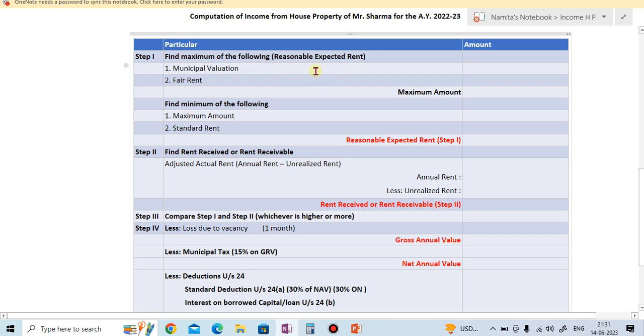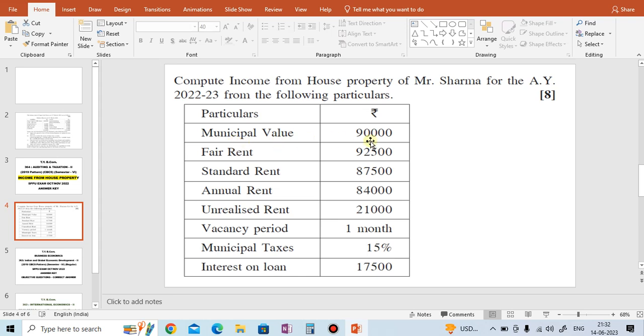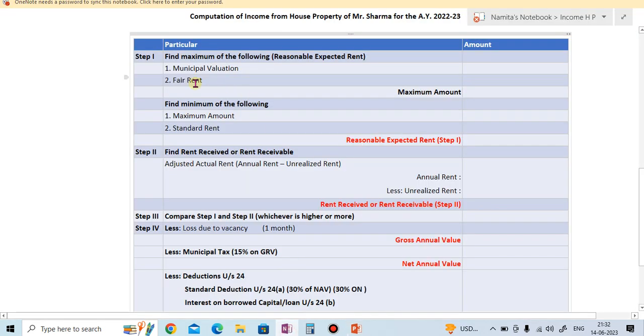Now, the first step in calculation of income from house property is to find the reasonable expected rent, that is RER. To find reasonable expected rent, first we have to find the maximum from municipal valuation and fair rent. How much is municipal value? 90,000. So in municipal valuation write 90,000.